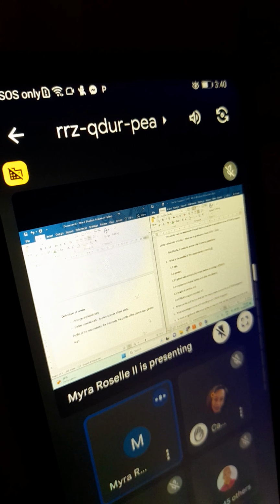And you also have to include ETIAP graduates from 2019 to 2022. You also have to write that in your profile of the respondents. Another constant here is proposed action plan or proposed design.